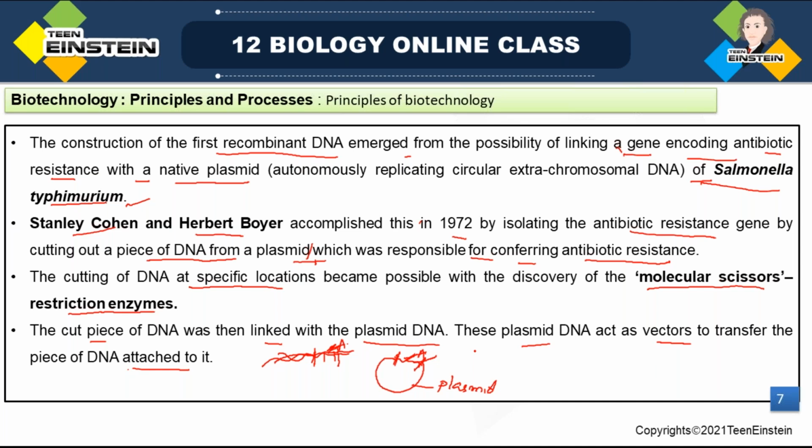Like that here, to transfer the cut piece of DNA which has the desired gene, the plasmid DNA acts as a vector to transfer the piece of DNA attached to it. To this plasmid we attach the desired DNA piece which has the gene A. So that's how plasmid DNA acts as a vector.